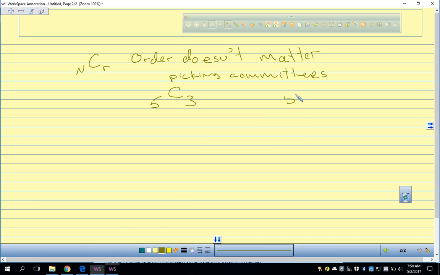How many cards in a poker hand? 5. So 52 combination 5, sometimes they say 52 choose 5. That's all the different possibilities for poker hands, okay?